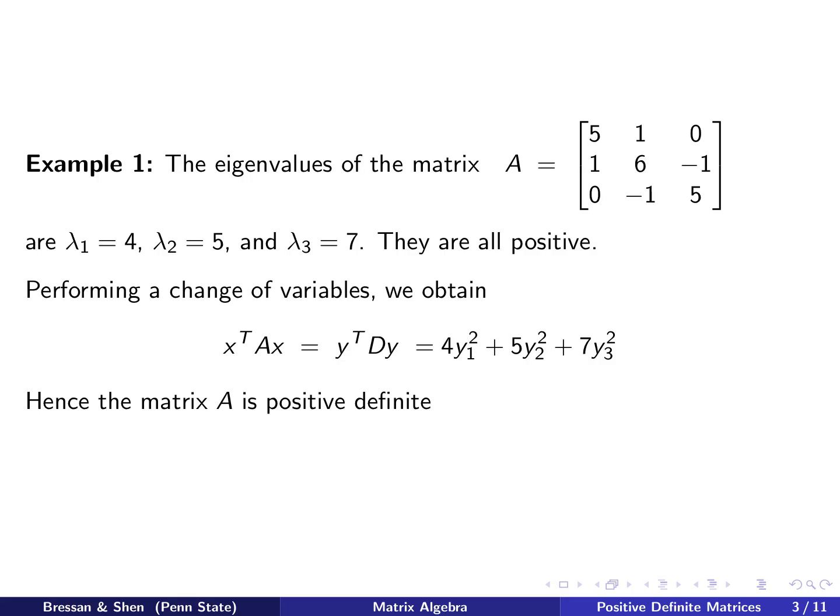We can define another coordinate y such that this quadratic form becomes y transpose D y, where D is a diagonal matrix with the 3 eigenvalues on the diagonal. Then we see that the matrix A is positive definite because for y not all 0, this expression is strictly bigger than 0.